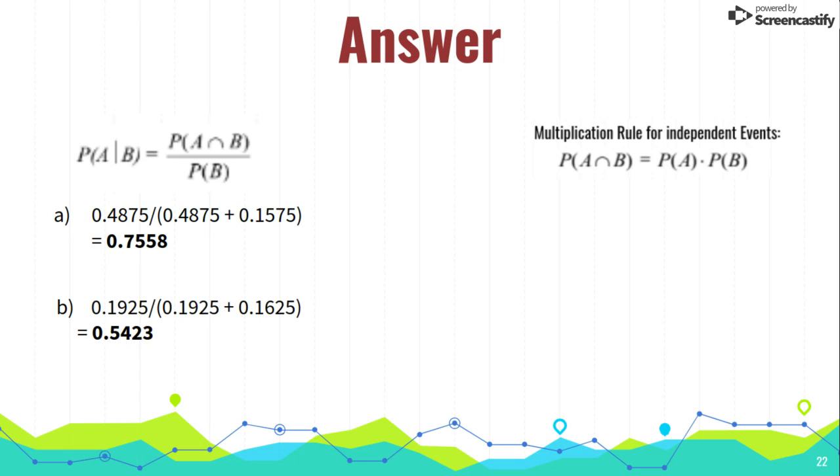Third one is about independence. So this is the multiplication rule for independent events that is being used here to prove whether or not they are independent.